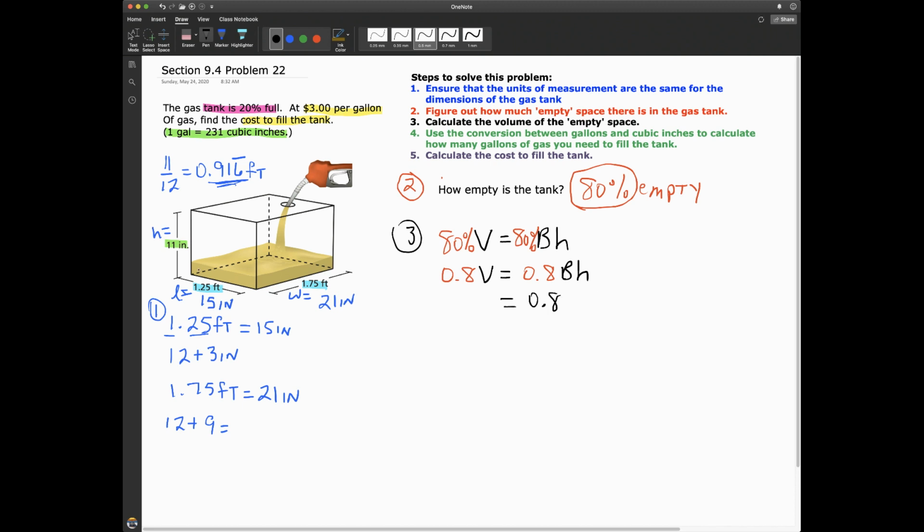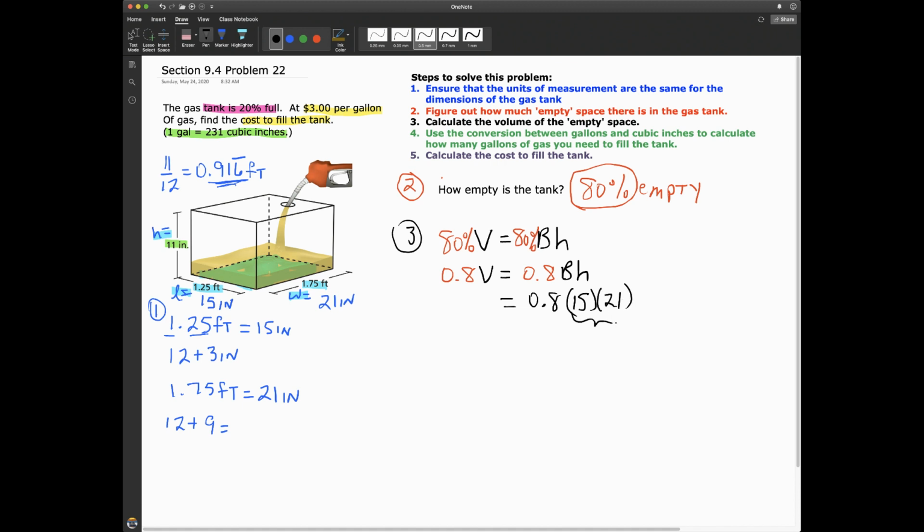We can calculate this pretty easily. 0.8, and the base, let me highlight the base, is just multiplying the length times the width. Then we'll multiply that by the height. The length is 15. The width is 21.